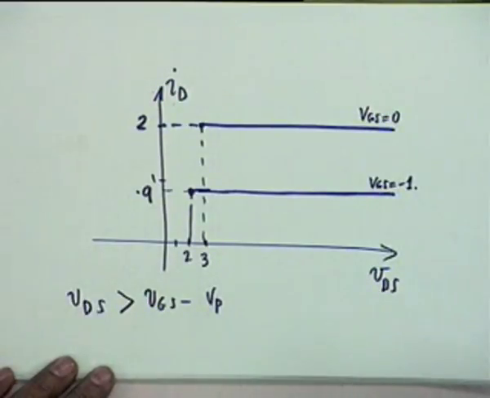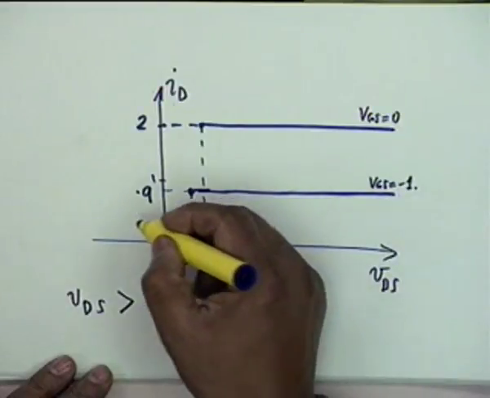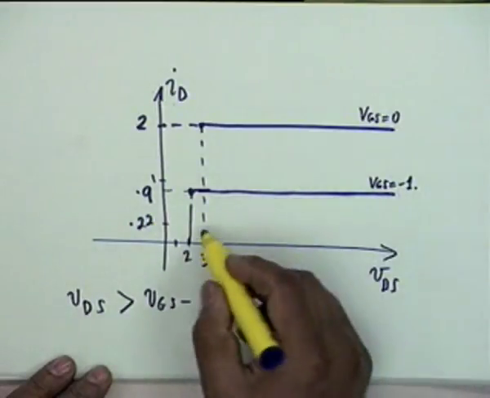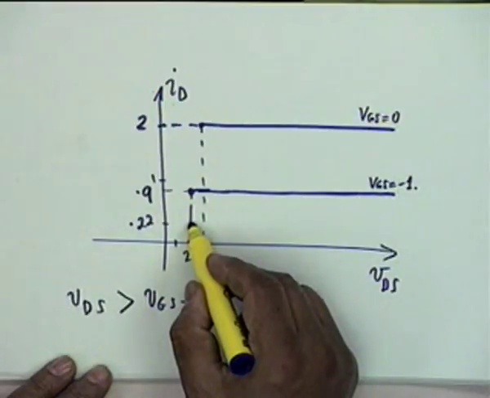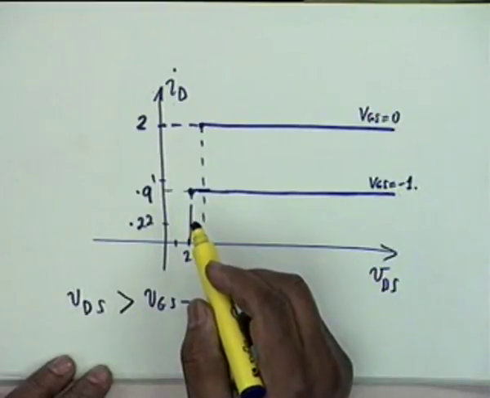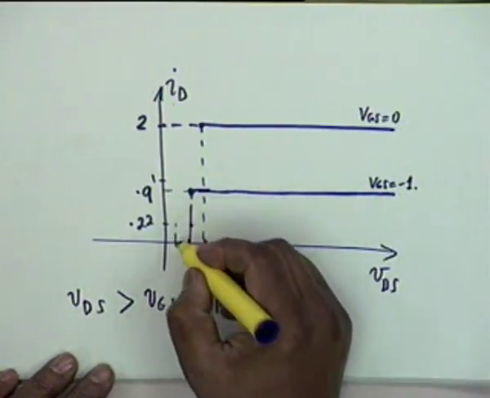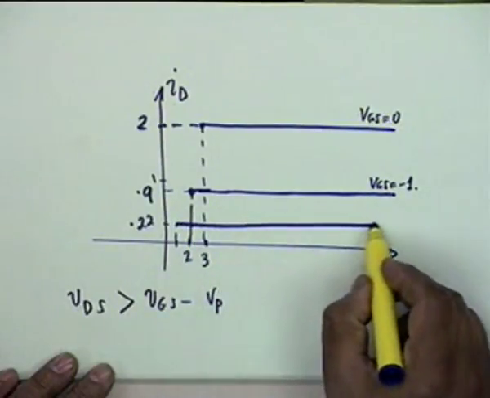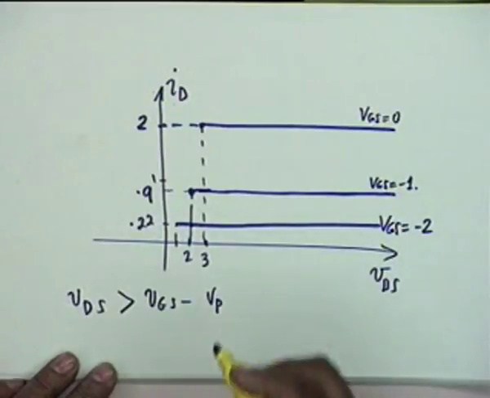Then let us take VGS equal to minus 2, the current is only 0.22. So we can draw safely from here because it will extend up to, from which voltage shall it start saturating? 1 volt, and therefore from here it shall be a straight line, VGS equal to minus 2.